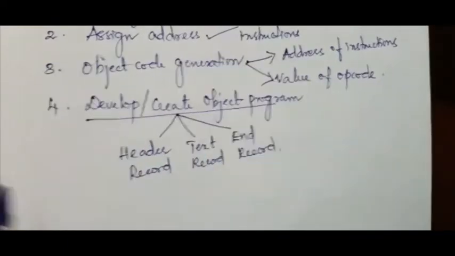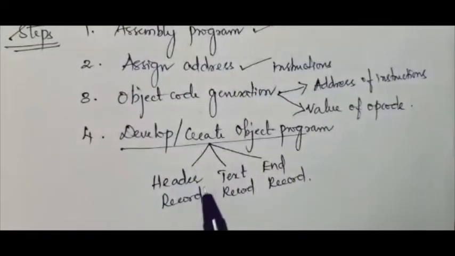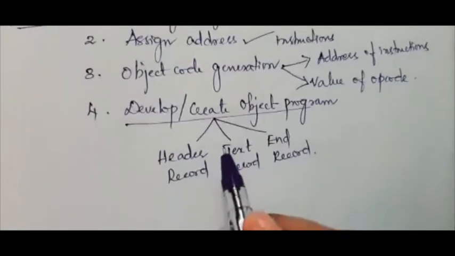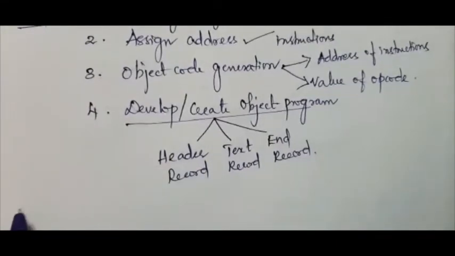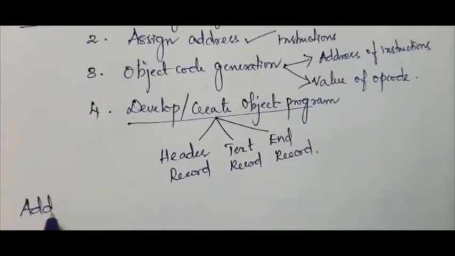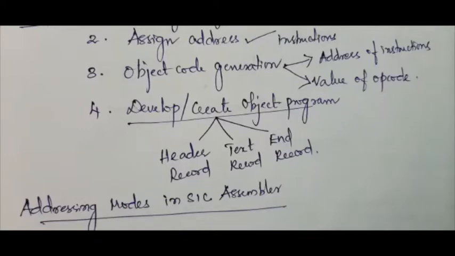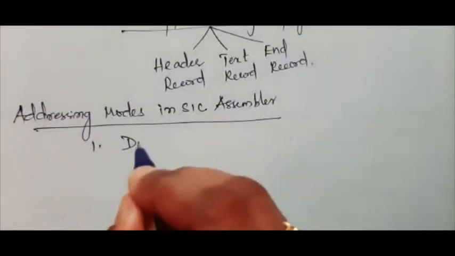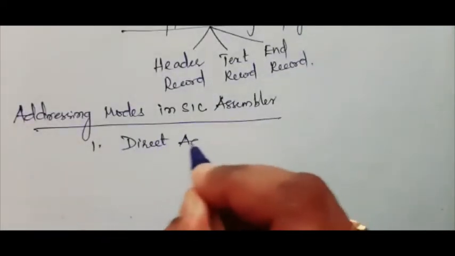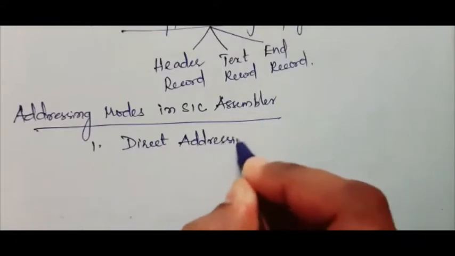Okay, so when we go for assembly level programming or assigning address, we need to consider the addressing modes that support SIC assembler. Okay, so here number one is direct addressing mode.